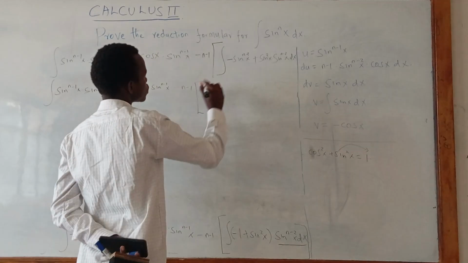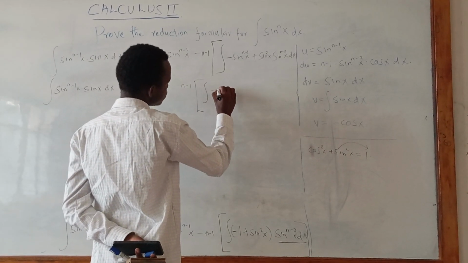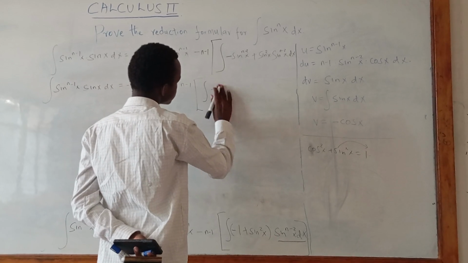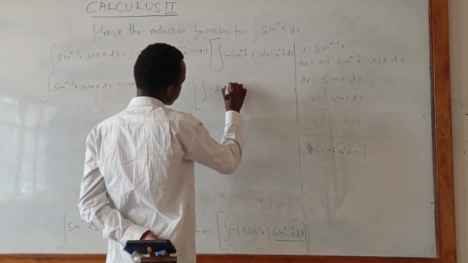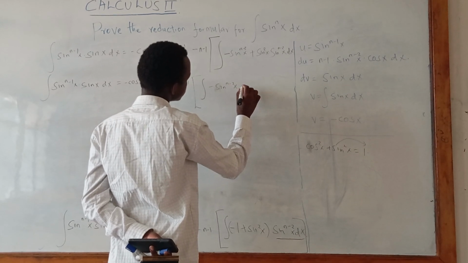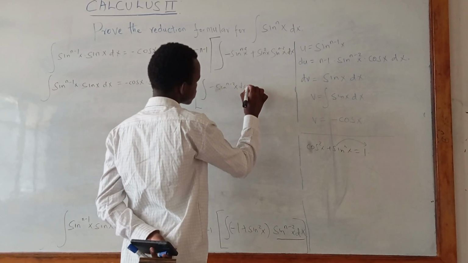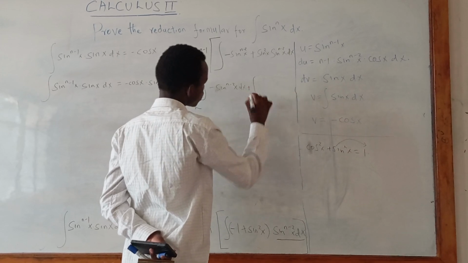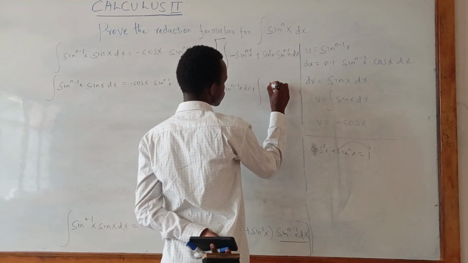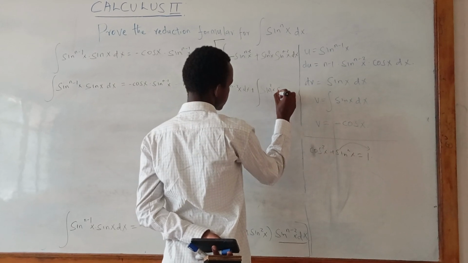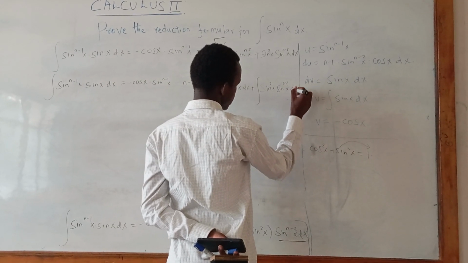Splitting into two integrals, we'll get the integral of negative sin^(n-2)(x) dx plus the integral of sin^2(x) multiplied by sin^(n-2)(x) dx.